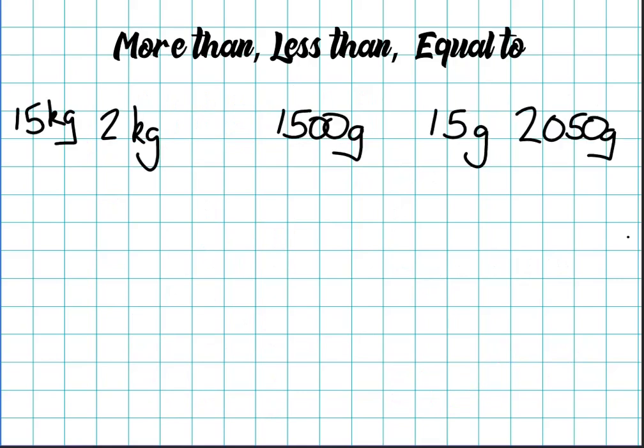Okay, so very quickly, I shall just jot up at the top those things I need to remember. I need to remember 1,000 grams is equal to 1 kilogram, and I need to remember more than, less than, and equal to, and thinking about my crocodile, I might even draw him in.